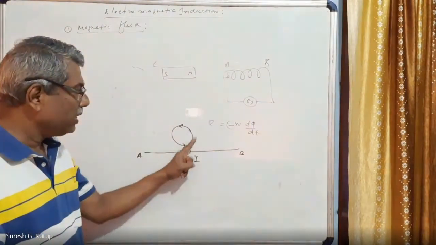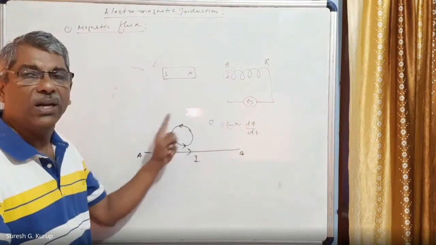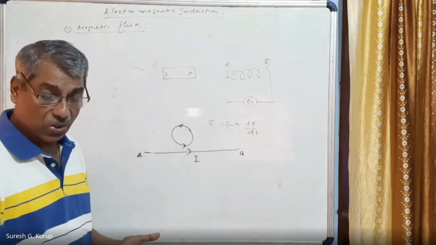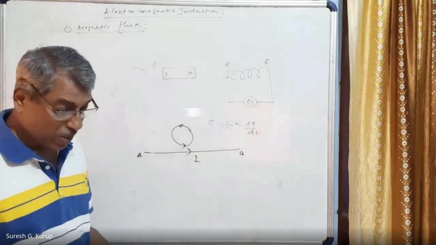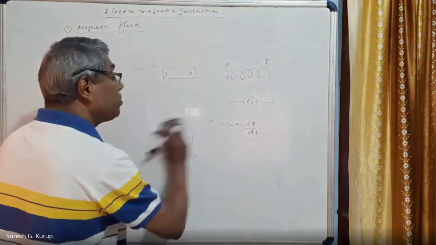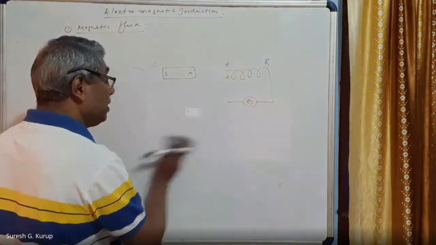That is why in this case the current in the coil is in the anti-clockwise direction. So this can be explained in many ways. Am I correct?